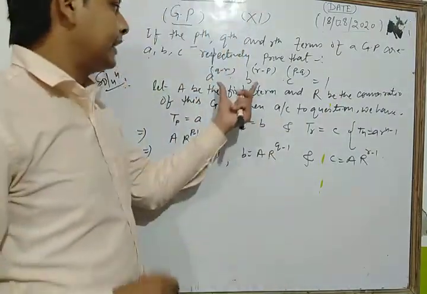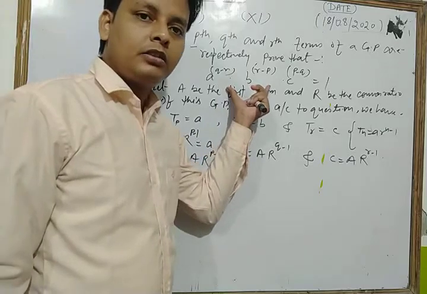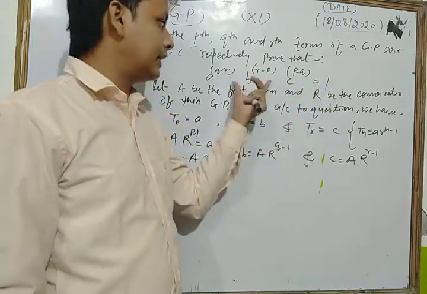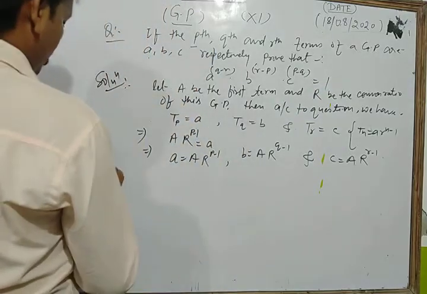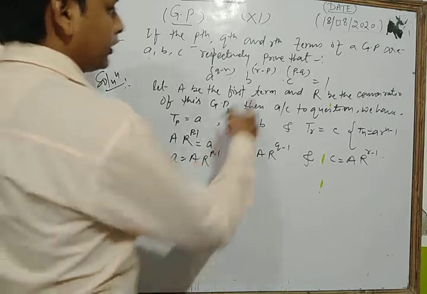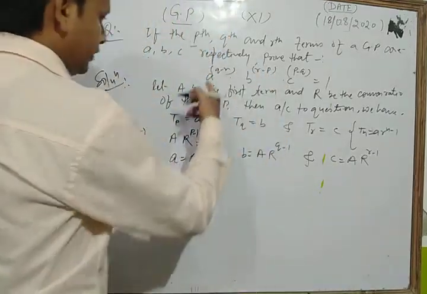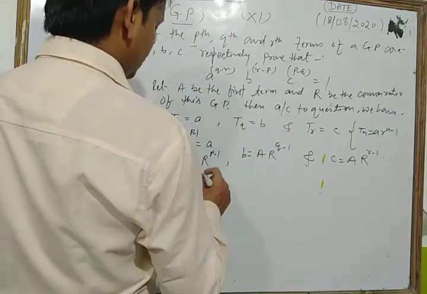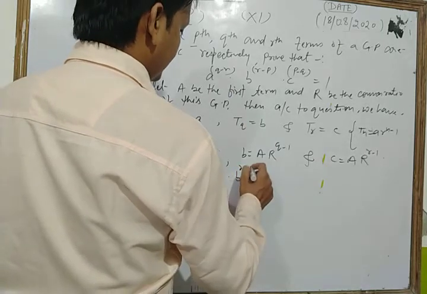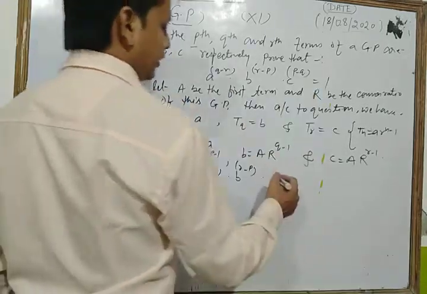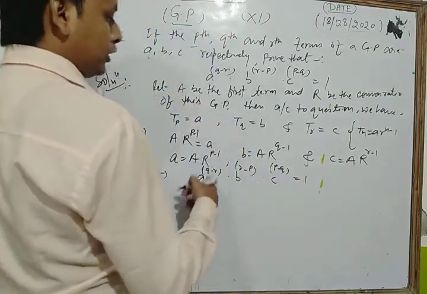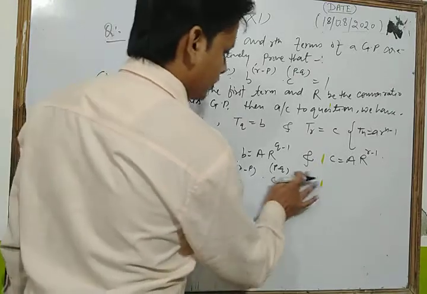Now we take the left hand side of the given question. We have to show that this is equal to 1, so we take the left hand side: a to the power q minus r into b to the power r minus p into c to the power p minus q. Now we put the values of a, b, c in the LHS.